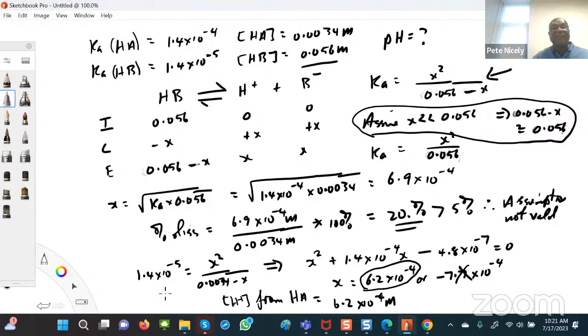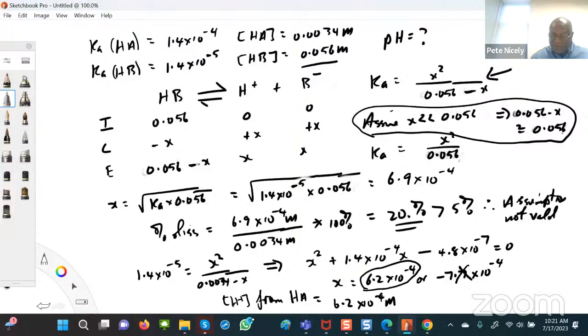Here is where there's going to be another change, because the Ka value we're going to use here is 1.4 times 10 to the minus 5. I'm going to replace that with 0.056. So let's see what that gives.